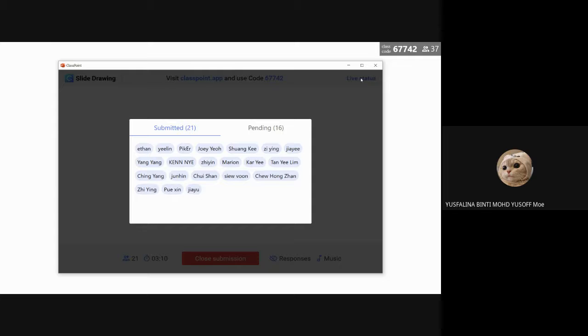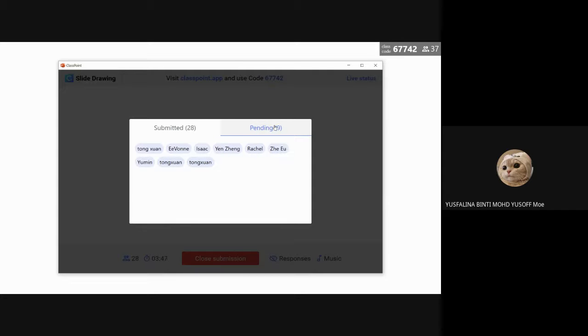Okay, 16 more. Okay, 11. Tonzon, Yvonne, Isaac, Caroline, Mickey, Renjeng, Rachel, Yumin. Oh, Tonzon, which one are you? You got 3 names here.